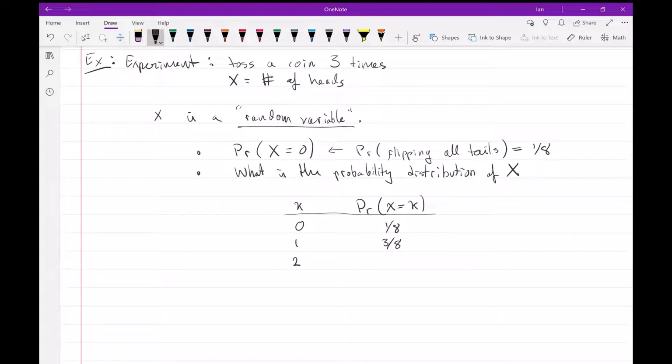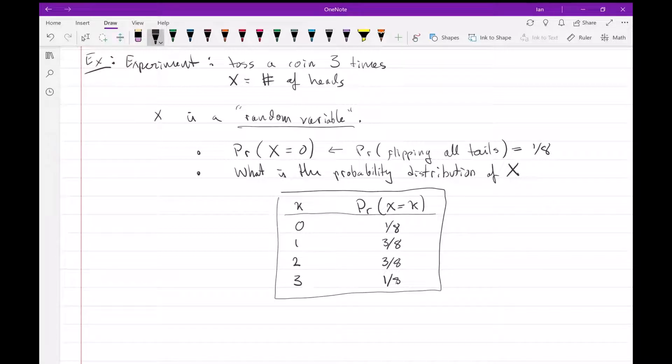We're just finally getting to the formal notation for this stuff. So k equals 2. Again, you could look at it as 3 choose 2 divided by 8, or where the tail goes. So there's also 3 out of 8. Then 3 is the last option. Of course, there's only one way to get 3 heads. So it's 1 out of 8. Right, so this is the probability distribution for the random variable x.